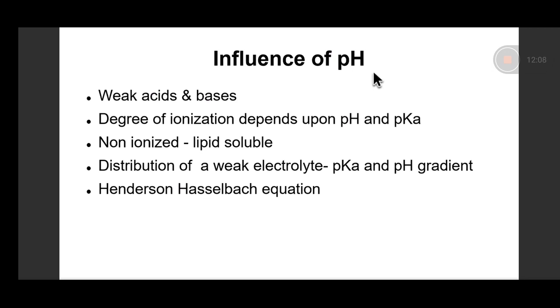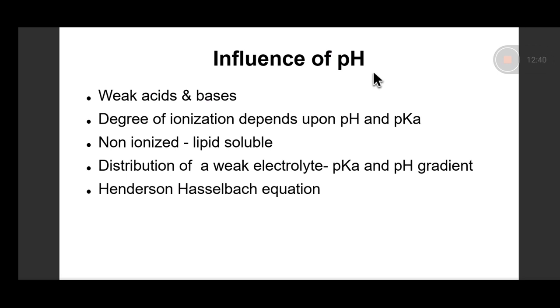Highly ionized substances exist as ions, but the majority of drugs are weak acids and bases, and their degree of ionization is dependent upon the pH and the pK value. Now, pK is the pH at which a drug is half ionized. You know what the pK and pH is much better than we do.